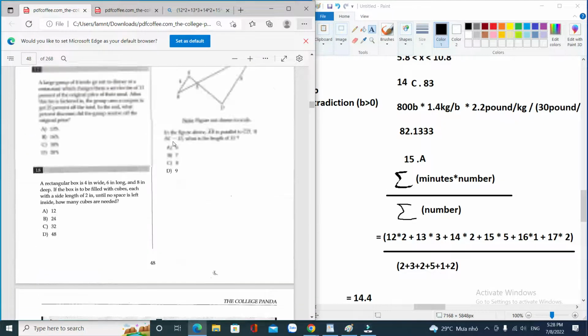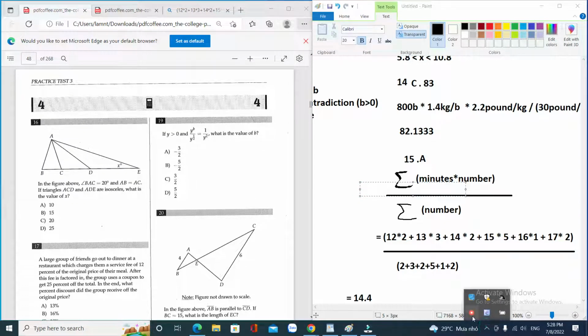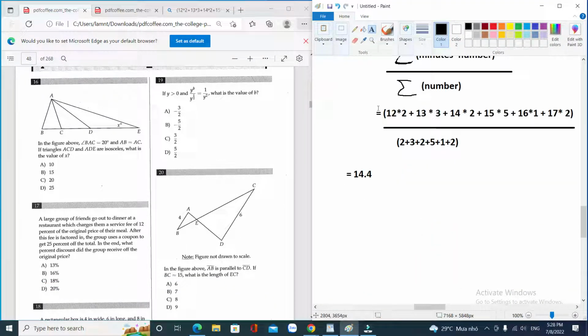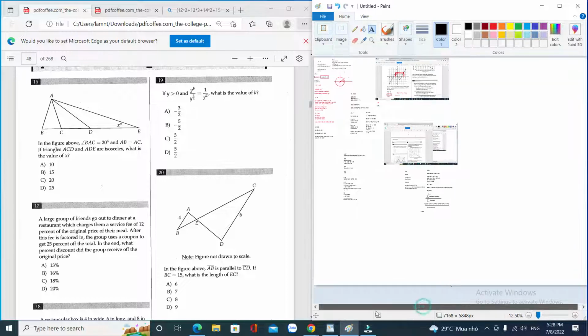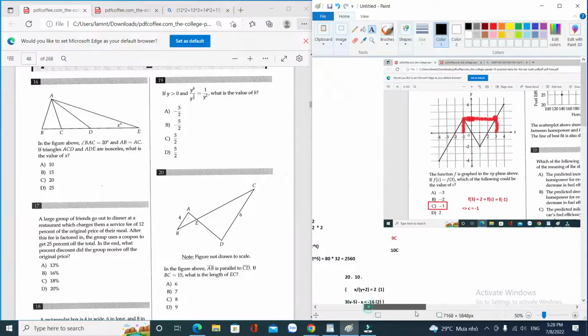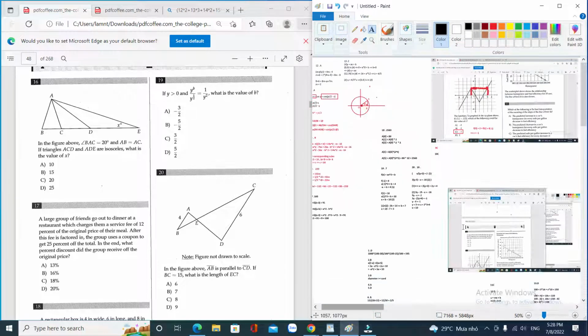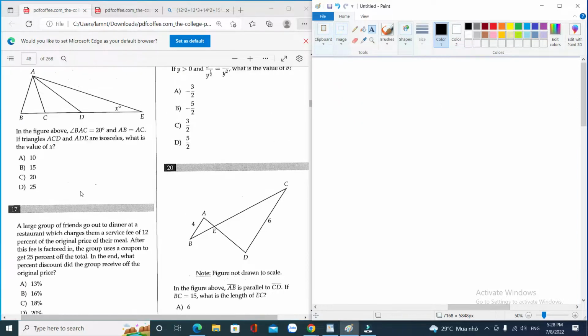So let's try to finish to number 20. Number 16.